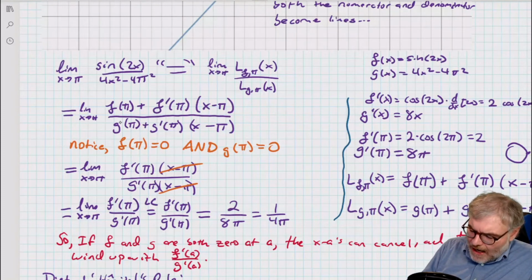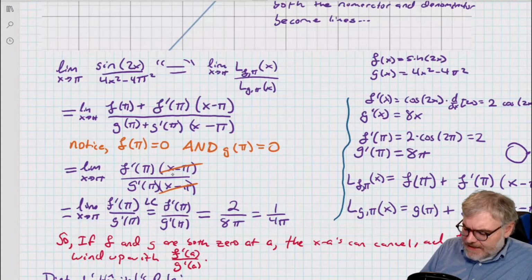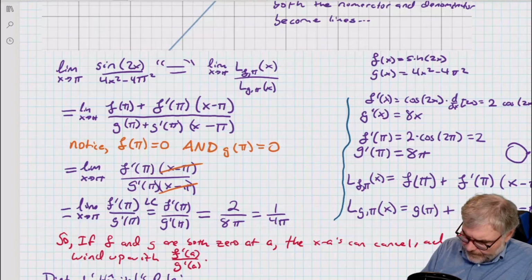So they go away. And what I'm left with is the limit, f prime of pi over g prime of pi, f prime of pi times g, this term, which is that term there, and that term and that term.